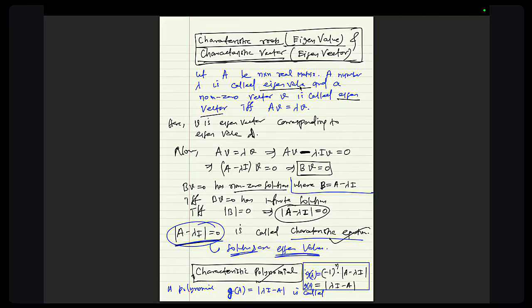A number lambda is called an eigenvalue, and a non-zero vector V is called an eigenvector if and only if AV is equal to lambda V. This is the definition of eigenvalue and eigenvector. V is the eigenvector corresponding to the eigenvalue lambda. From this definition only, this equation came, using system of linear equation rules.